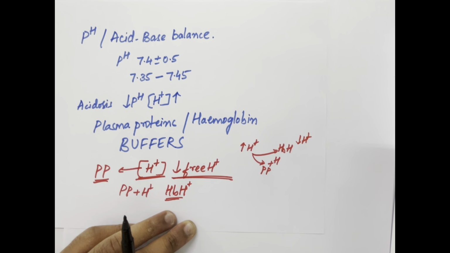This is how plasma proteins and hemoglobin act as a buffer to regulate the pH of blood. The fourth function is, what is the role of blood in regulation of body temperature?